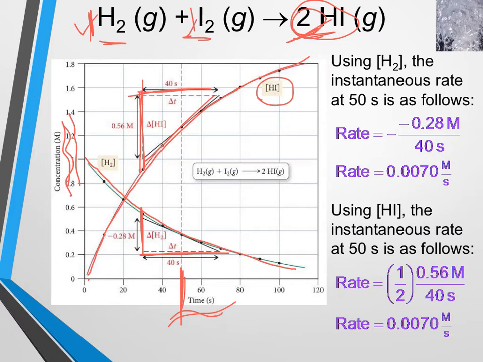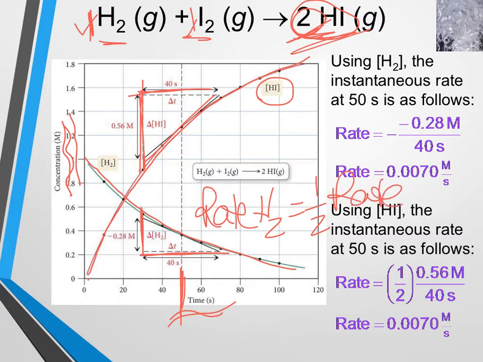And so we're going to get into something called rate laws and rate expressions, but to just give you an introduction, if you were comparing the rate of hydrogen to the rate of hydrogen iodide, you would say that the rate with respect to hydrogen is 1/2 the rate with respect to hydrogen iodide.